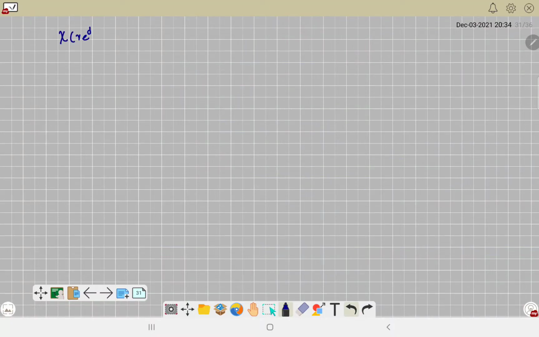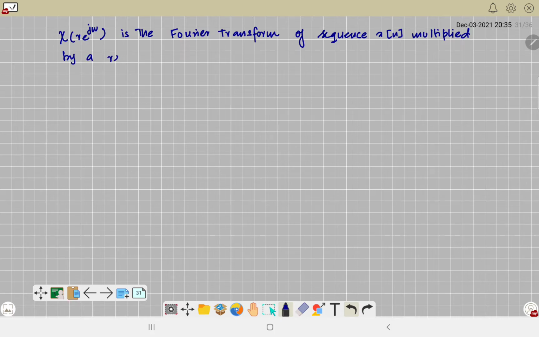So we can say from these two equations that X of r e raised power j omega, which is the Z transform, is the Fourier transform. When I say Fourier transform, I mean discrete time Fourier transform of the sequence x of n multiplied by a real exponential r raised power minus n.